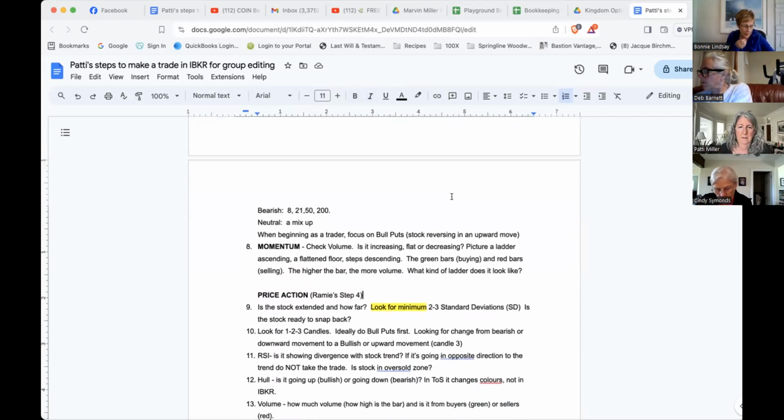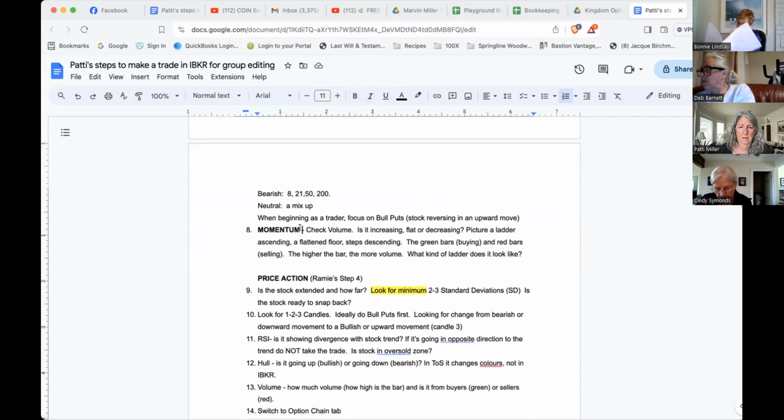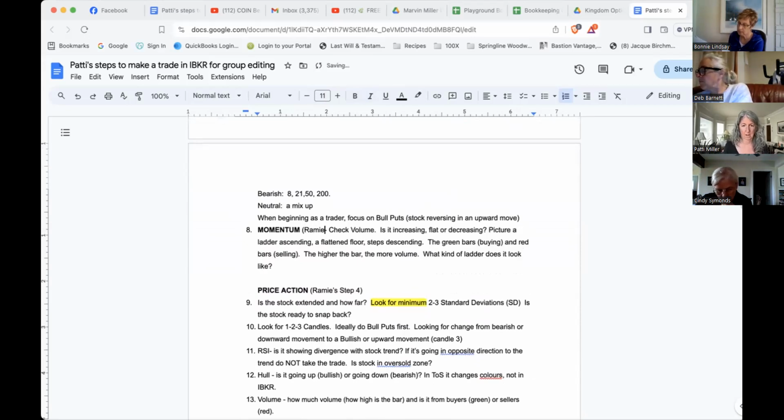Oh, then I missed that the 1, 2, 3 pattern is after the price action. Yeah. So momentum is Rami's step 3? Watch list, trend, 1, 2, 3, history, RSI.